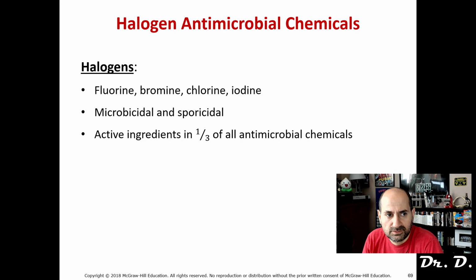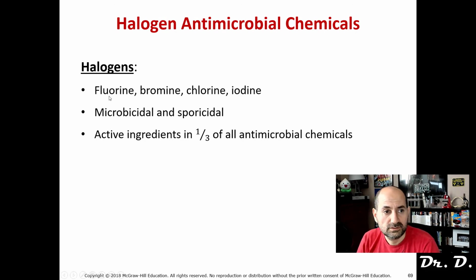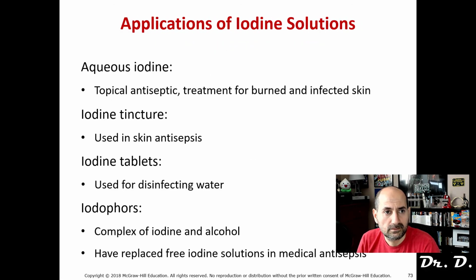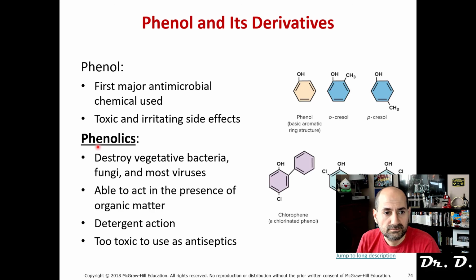And let's see what else. Halogens include the elements fluorine, bromine, chlorine, iodine. Phenolics. Please know the concept of phenols. This was the first agent used by Lister, I believe, on his instruments in order to attempt to disinfect or sterilize them.